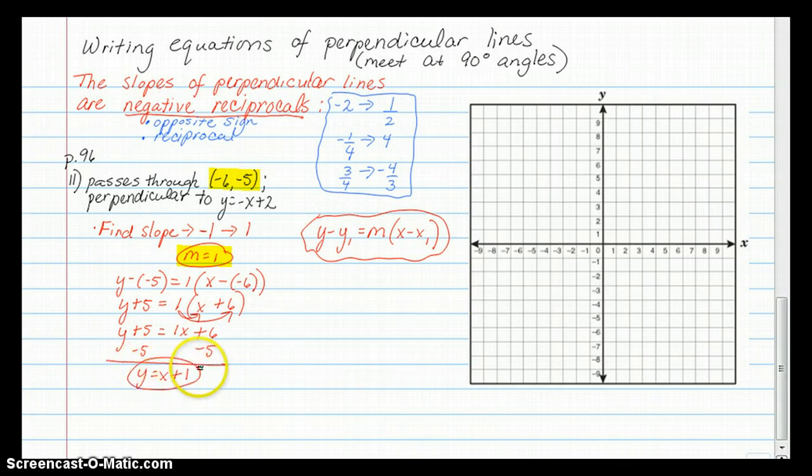Okay, we're going to graph that equation. So we've got 1. And then we're going to go up 1 and 1 to the right because this has positive slope. Up 1, 1 to the right. I'm going to go down a few now because I need to get close to that ordered pair, -6, -5. Should have done that actually first.